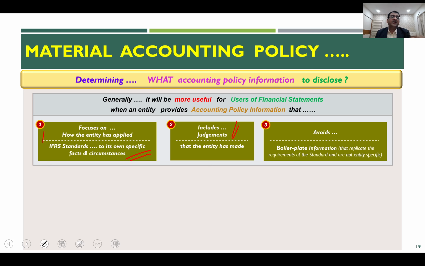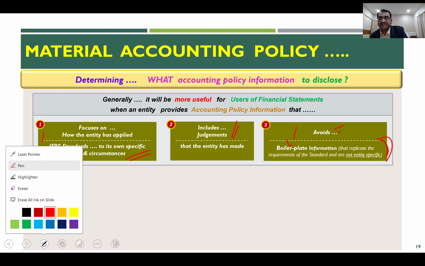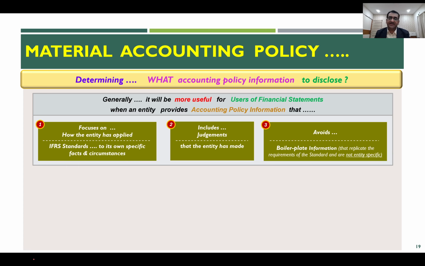The accounting policy information should avoid just reproducing what is there in the standard. Rather, it should give specific insights in terms of how you have applied the policy yourself. Don't give boilerplate information which is just cut, copy, paste from the standard, because if you give specific information, the readers of the financial statements will have a better insight into how you have actually applied the accounting policy in your particular circumstances. And that's exactly what the standard requires you to do.